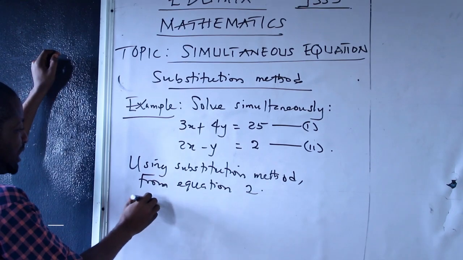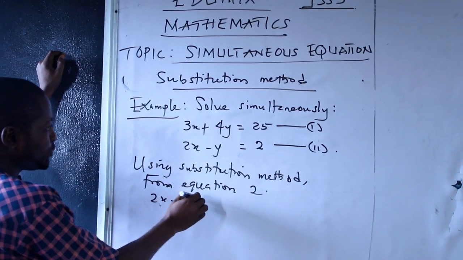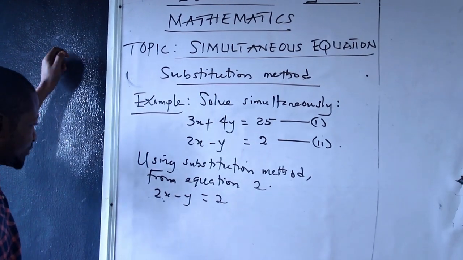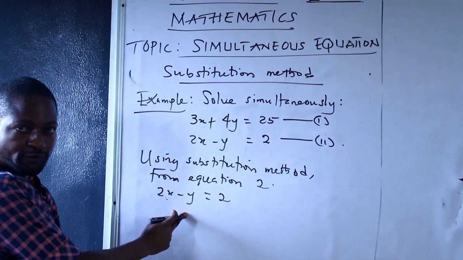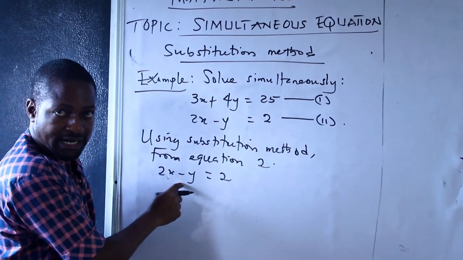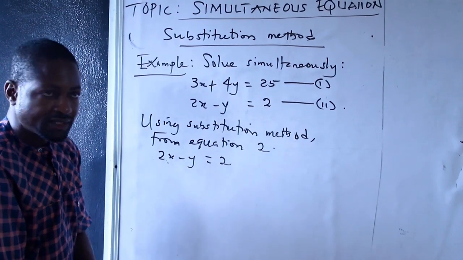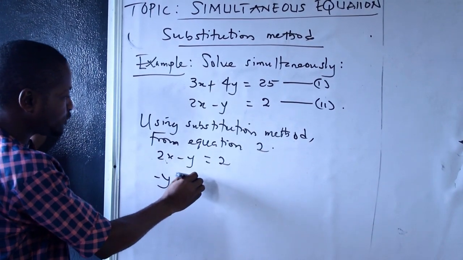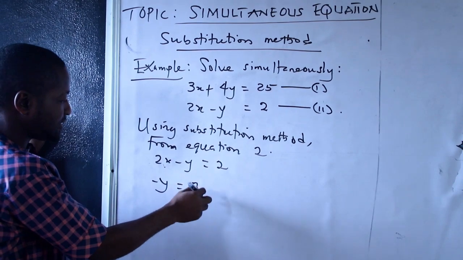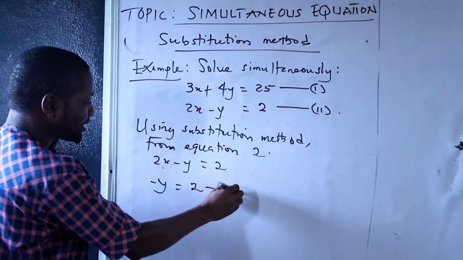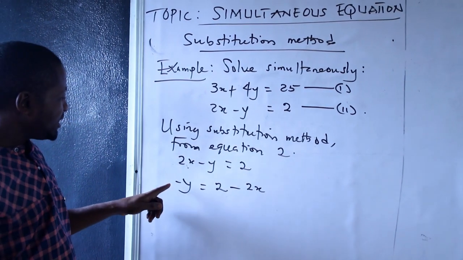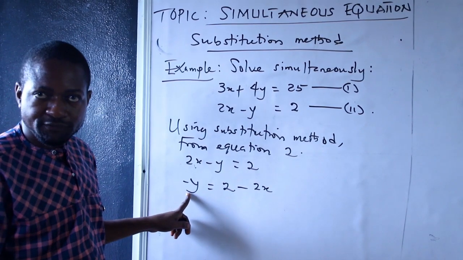Equation 2 is 2x minus y is equal to 2, right? So I'm going to make y the subject of the formula because the coefficient of y is minus 1, so it is easier for me. So I'll say minus y is equal to 2, there will be plus 2x here. You know, it becomes what? Minus 2x.